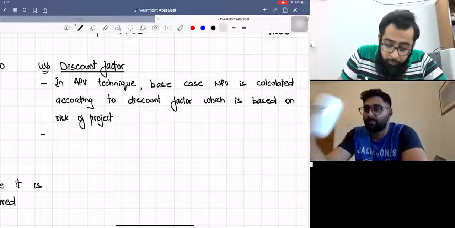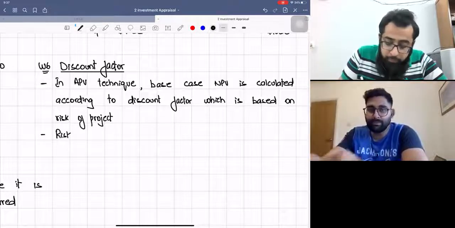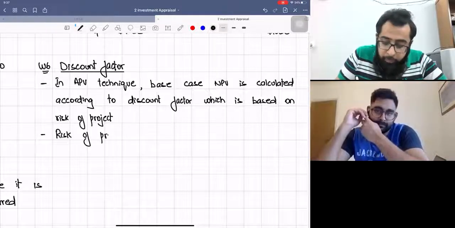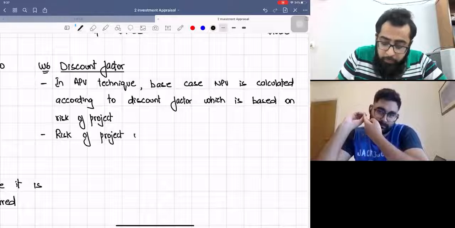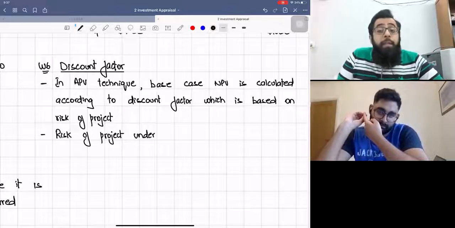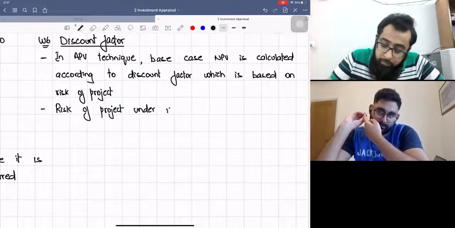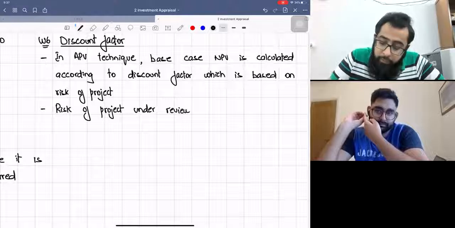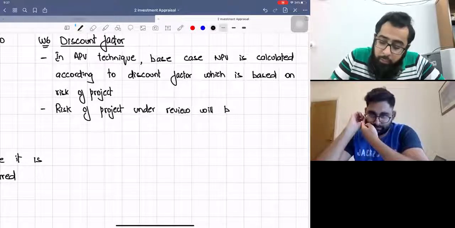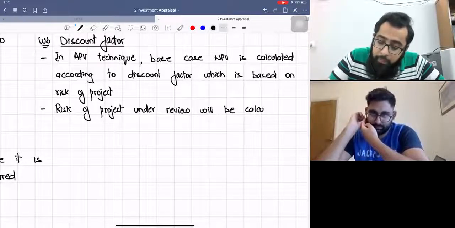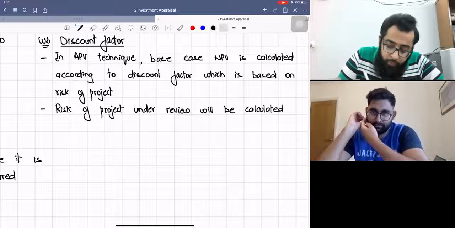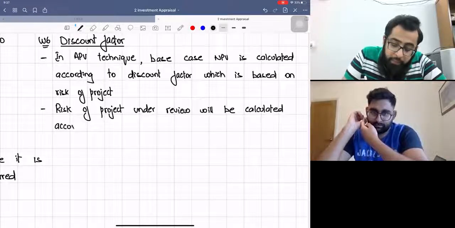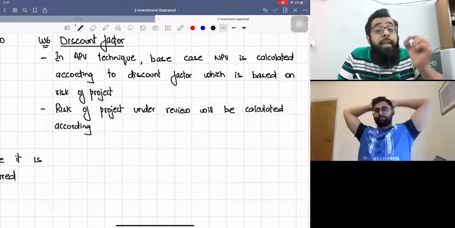The risk of the project under review will be calculated according to the risk of a similar company, and that similar company in this case is the ICAEW company.